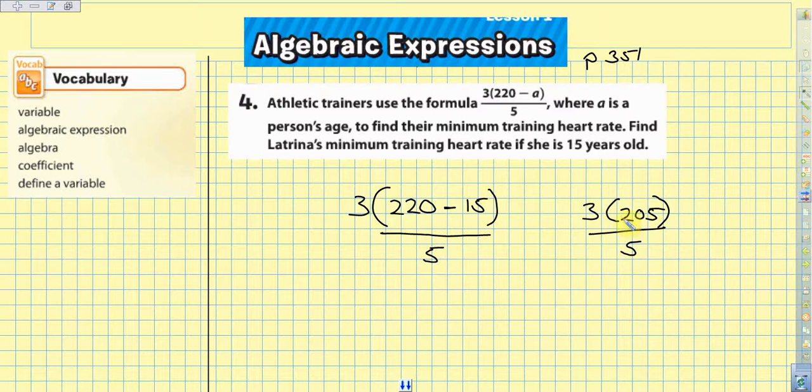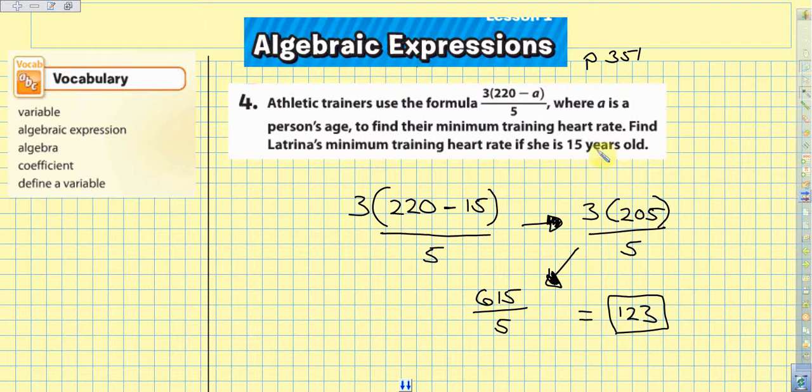Then I go ahead and multiply 3 times 205, and that's going to give me 615 divided by 5. So we're going from step to step to step. And then all I have to do is divide by 5. 615 divided by 5 is going to equal 123.